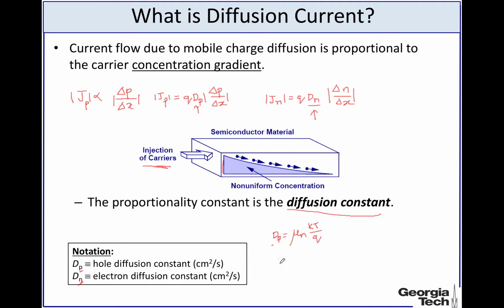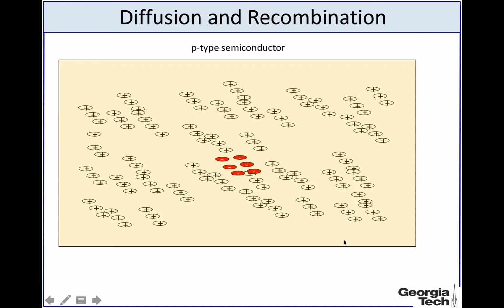So for holes, Dp equals mu p multiplied with kT over q, and for electrons Dn equals mu n multiplied with kT over q. This is an important equation. We'll not derive it, but we'll just take it for granted.